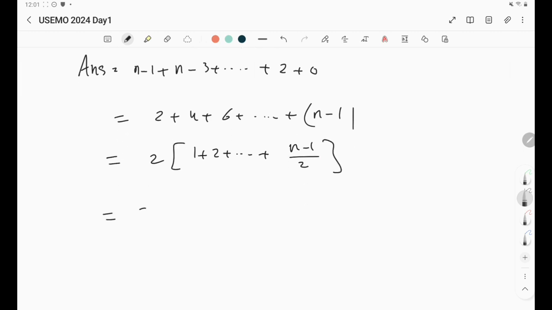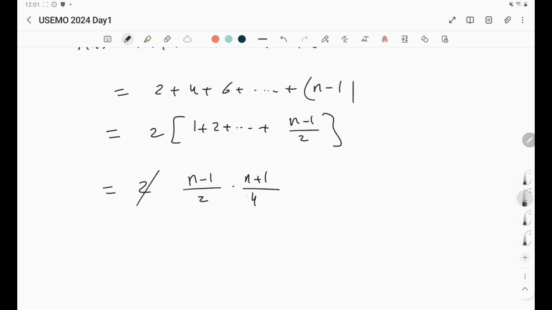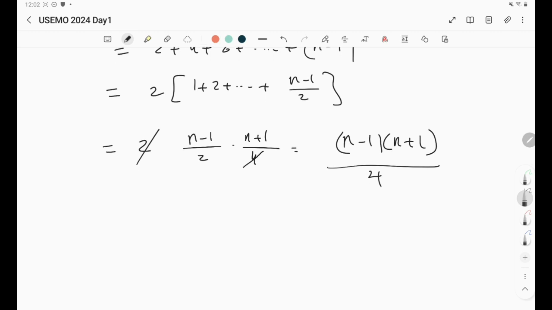And of course, this thing is just n minus 1 over 2 times n plus 1 over 4. So the 2 cancels the 4, and we just get n minus 1 times n plus 1 divided by 4. Okay, in this case, of course, this is the answer.